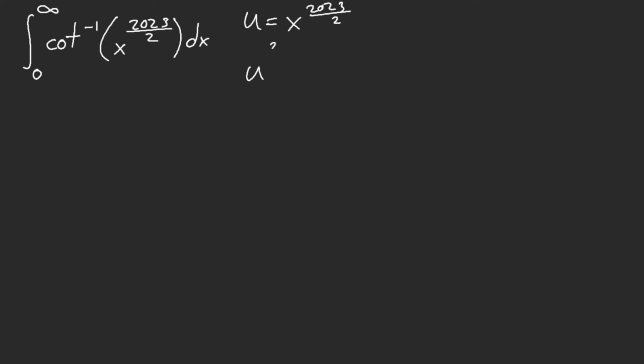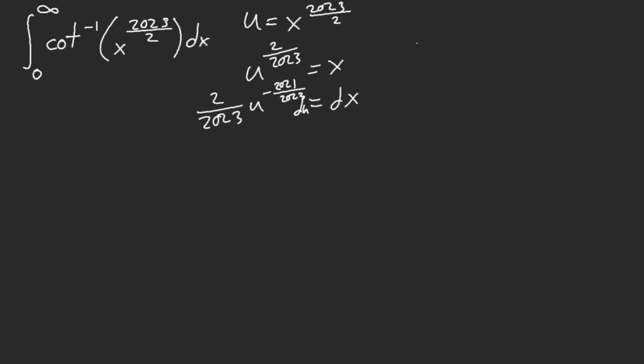Let u equal x to the 2023 over 2, then dx is going to equal 2 over 2023 u to the power of negative 2021 over 2023 du. Alright, I know this looks daunting, but I think we could be fine. I think we'll just see where this leads.